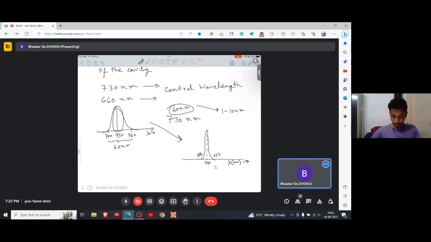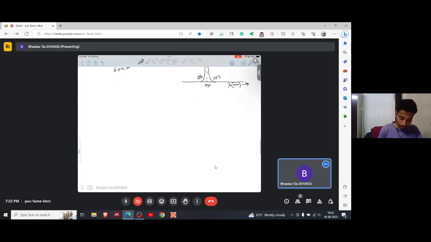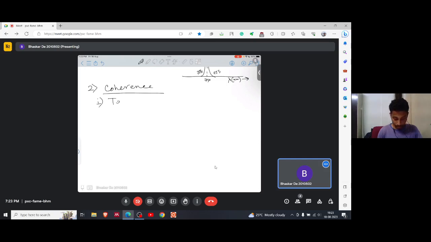Then there is coherence. This one I will not discuss today properly because I have already discussed this in one of the problem solving sessions where I have mentioned two coherences. One is the temporal coherence and another is the spatial coherence.